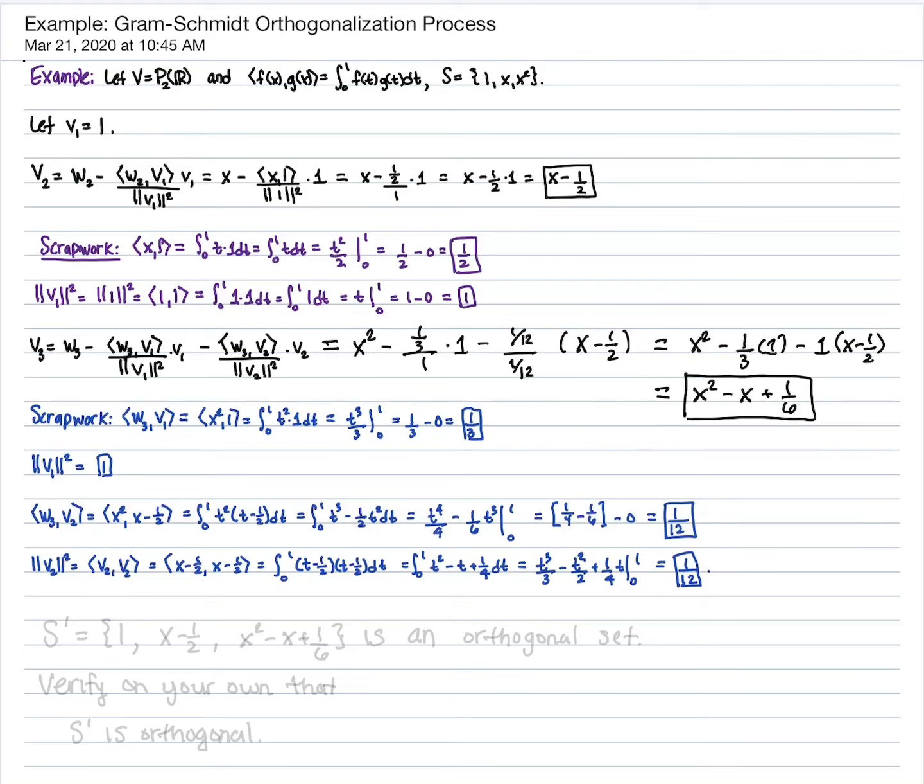So therefore we have that our new set S prime, which is the set of vectors 1, x minus 1/2, and x squared minus x plus 1/6, is an orthogonal set.